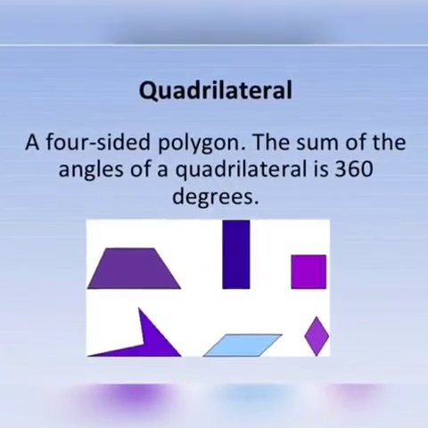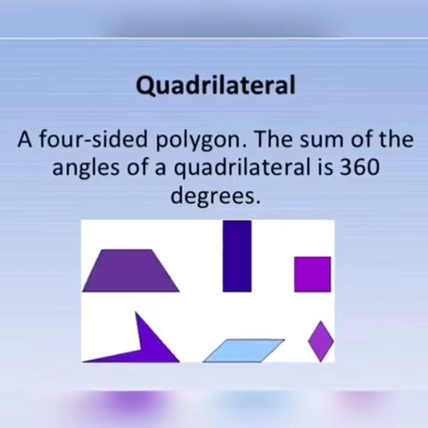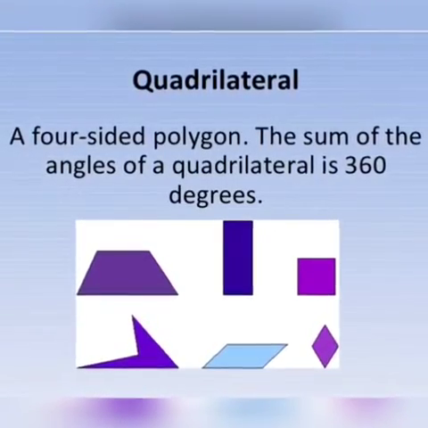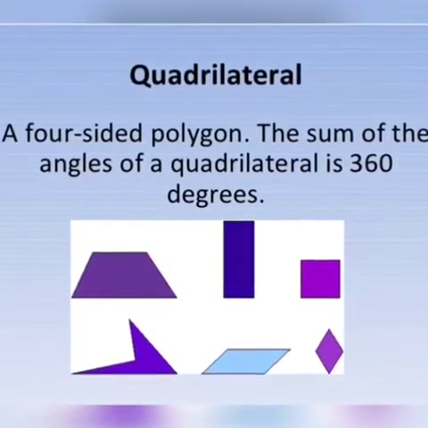Quadrilateral. It is a four-sided polygon. The sum of the angles of a quadrilateral is 360 degrees. Rectangle. A four-sided polygon having all right angles.